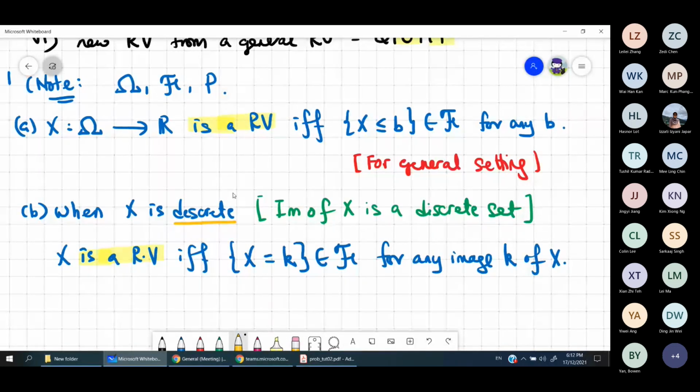So this is for the discrete case. So when X is discrete, what we need to do is just verify each of the discrete values for X. So in general, what we have to verify will usually be an interval. This is the thing that we need to get. Okay, so then let's look at a question.